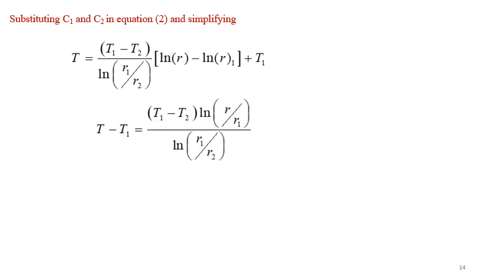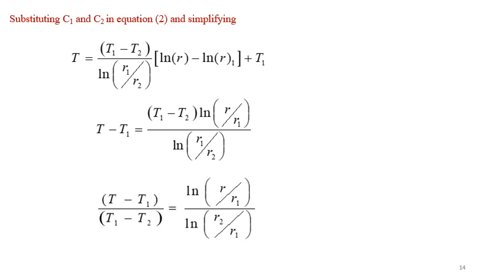So T minus T1 divided by T1 minus T2 is equal to ln r by r1 divided by ln r1 by r2. Rearranging to get the temperature distribution equation, T minus T1 divided by T1 minus T2 is equal to ln r by r1 divided by ln r2 by r1. This equation is also available in the data handbook, page number 45, called the temperature distribution equation of a cylinder.